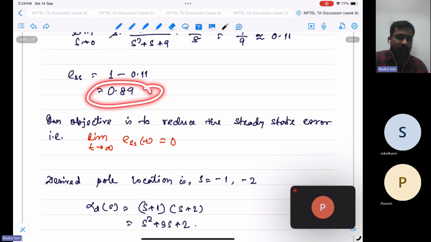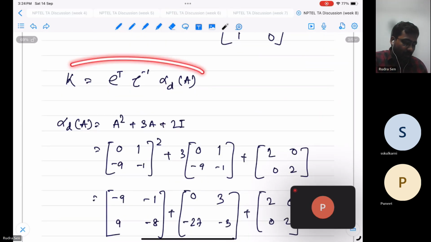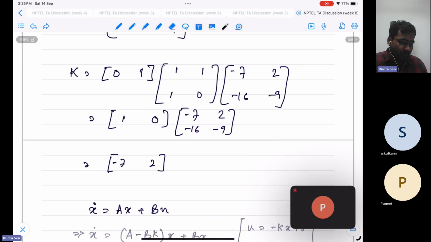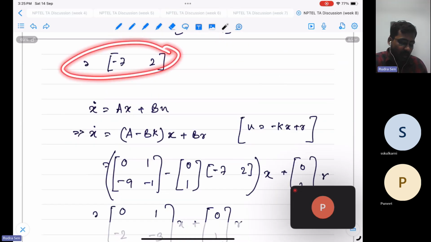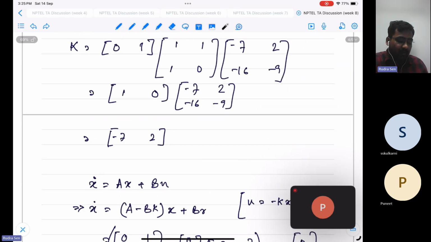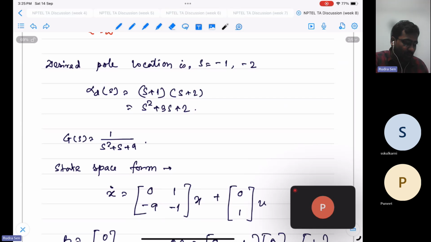Previously we started with a steady state error of 0.89. Now we have designed a controller using Ackermann's formula. You can use any formula, either similarity transform or Ackermann or anything. So using this formula, we have designed a controller, and we have seen that my steady state error is now like this, because there is also a design specification involved.